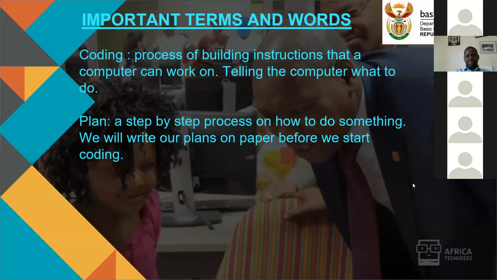The second term that we looked at was the plan. And a plan is a step-by-step process on how to do something. We said whenever we're writing a program, we will always work on a plan. A plan, we said we're going to get a paper and a pen before we do any coding.